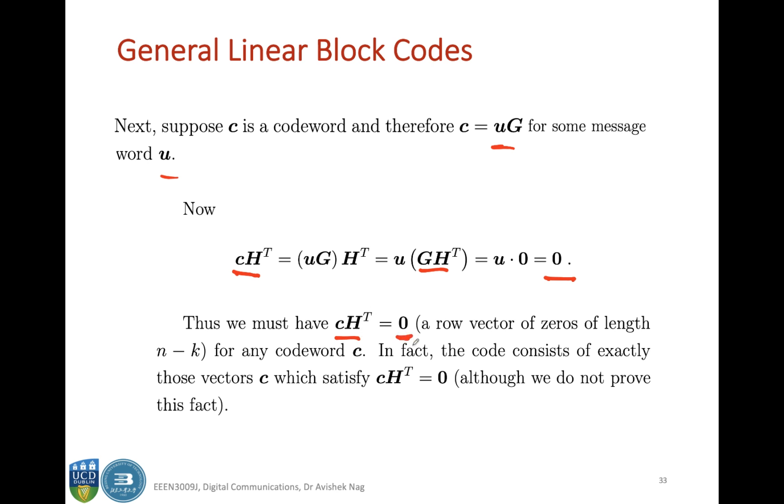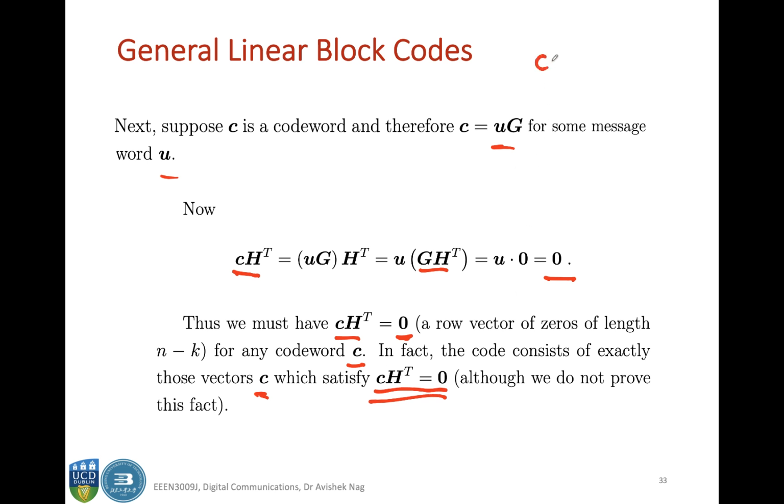It should satisfy this condition for any code word C. So the code consists of exactly those vectors C which satisfy this. Okay. And if it is not equal to 0, then this is not a valid code word.